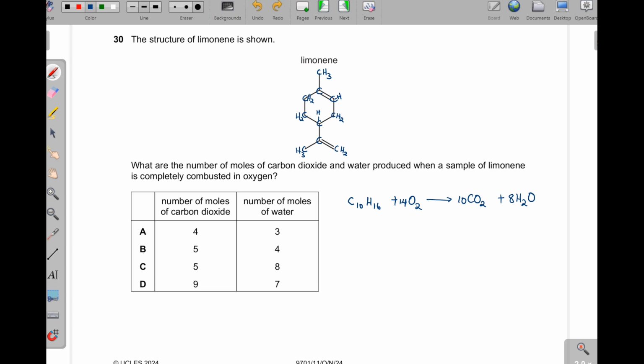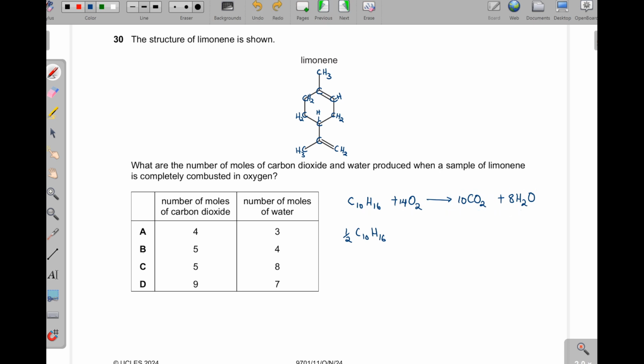Now, they are saying number of moles of carbon dioxide. For us, we are seeing 10. But here we don't see any 10. But there is a 5. A 5 goes into 10. So that means if we multiply all through by a half, a mole, because you are combusting 1 mole, which gives you 10 moles of carbon dioxide and 8 moles of water.